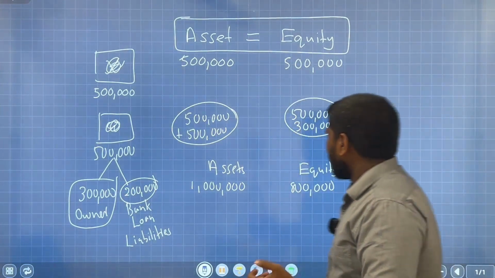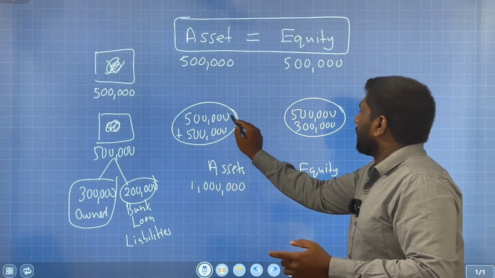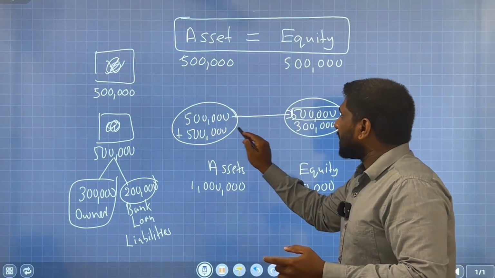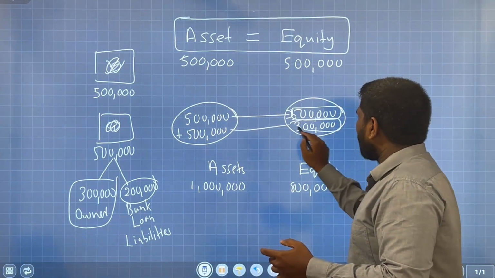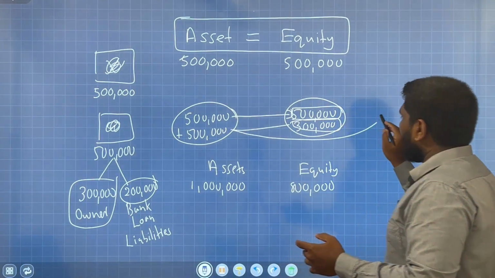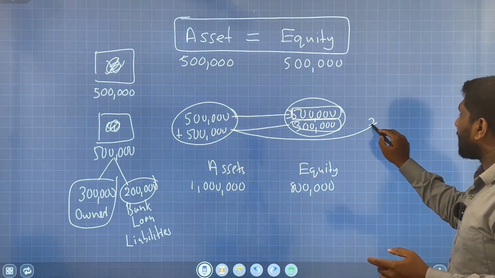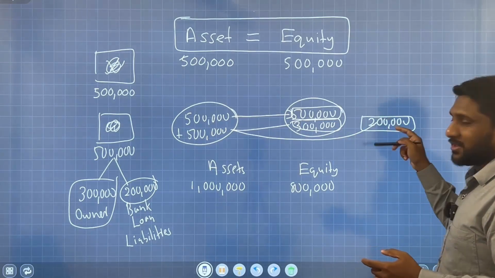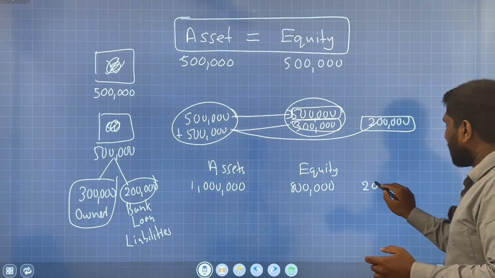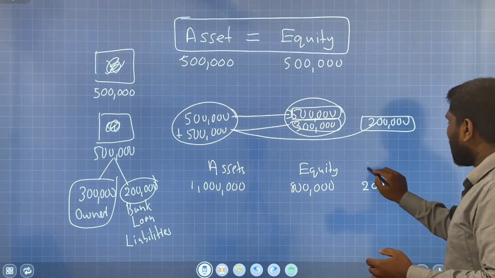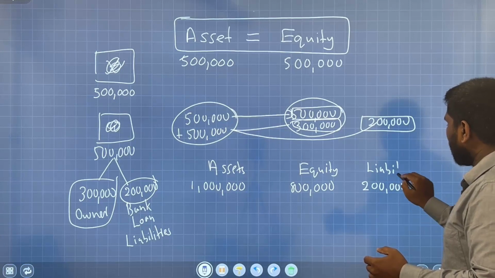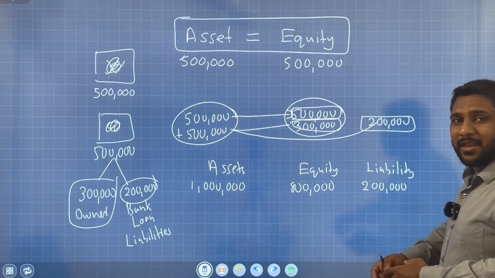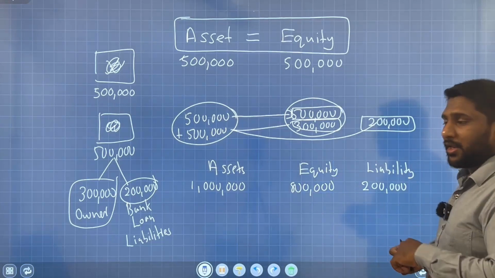200,000 loan is there. So what you have to understand, okay, first asset complete money is given by me. For the second asset, one portion is given by me, another portion is given by the bank. 200,000 is given by the bank, this 200,000. So this 200,000 is a liability. Now based on this we can construct our next accounting equation.